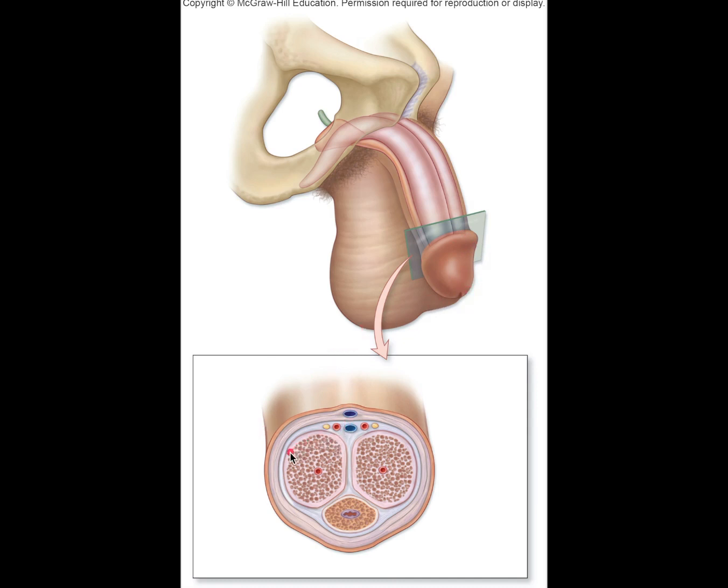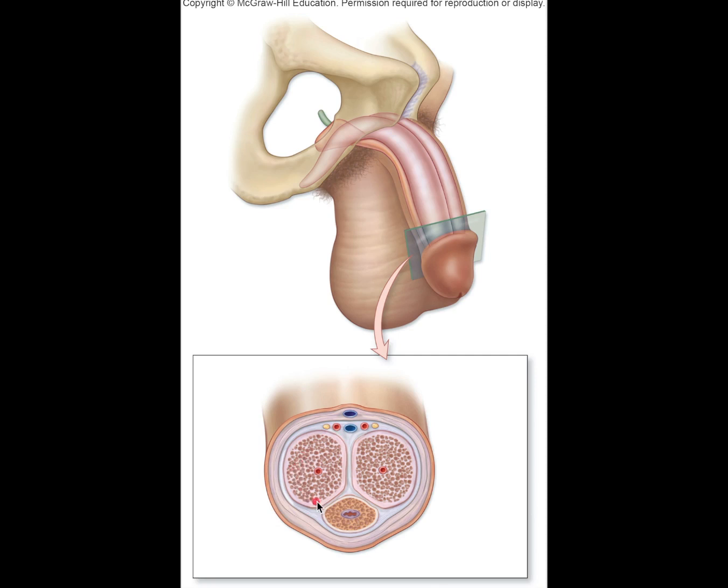So what we see here are the two corpus cavernosum, and you can see that they have a good-sized artery running through them. And that artery supplies all of the little cracks and crevices within the corpus cavernosum to fill up with blood. And the vein that would normally return the blood to the body to drain this blood gets pinched off. So that's how an erection is maintained.